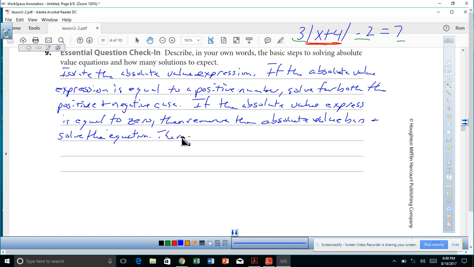There is one solution. If it equals 0, there's going to be one solution.